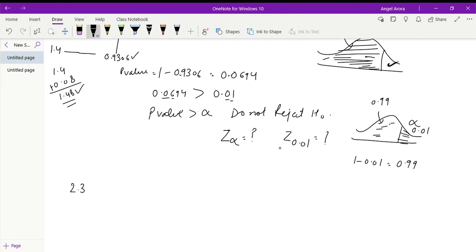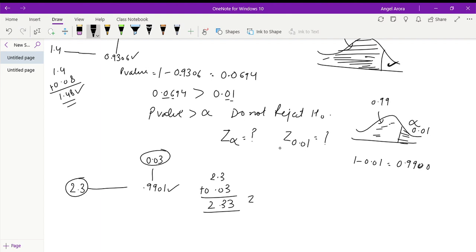This value is given corresponding to row 2.3 and under column number 0.03. The value given is 0.9901, which is very close to 0.99. So this value of z will be 2.3 plus 0.03, that is 2.33. So the z alpha value is 2.33.